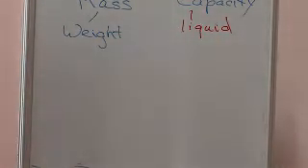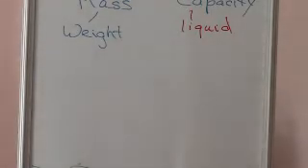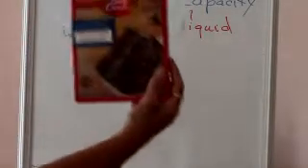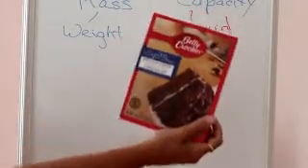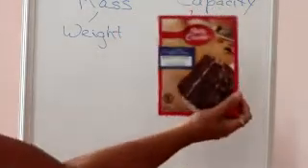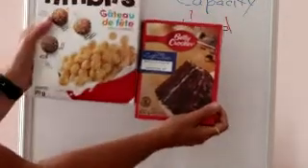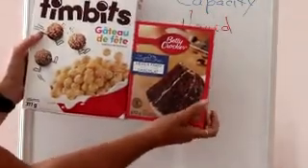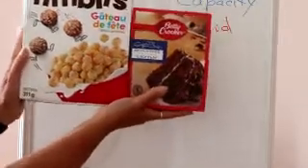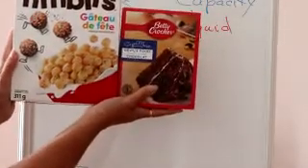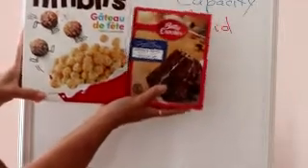So if we're talking about weight and mass, I have two things here. I have a cake mix, because I've been doing lots of baking while we've been stuck inside. And I have Brienne's favorite cereal. Which one would you think weighs more? Just by looking at the box, which one do you think weighs more?